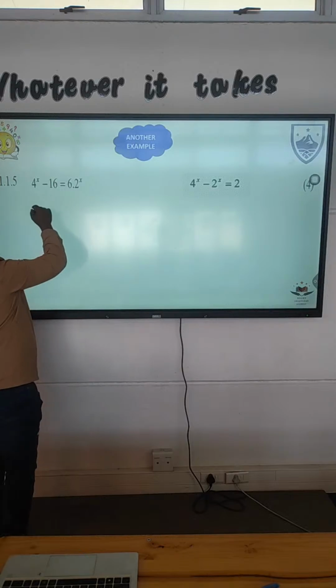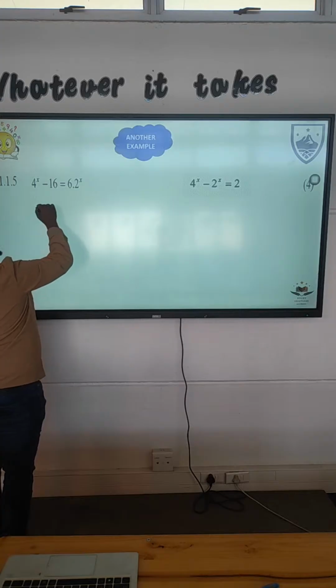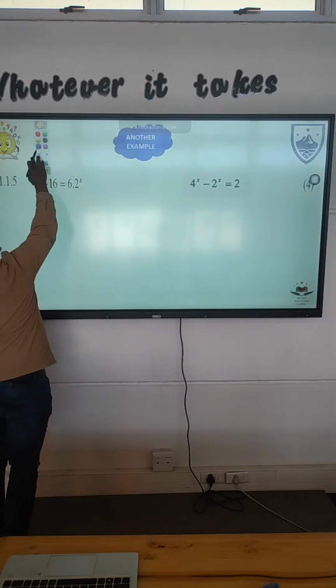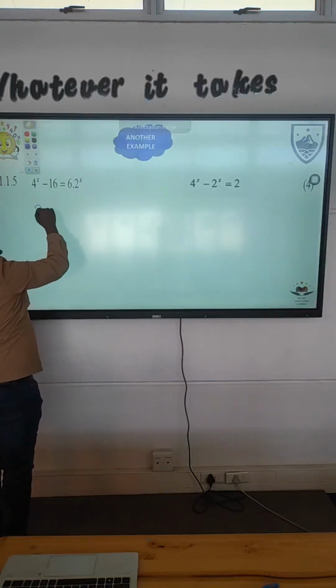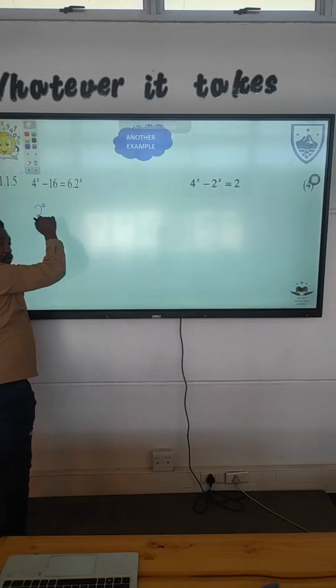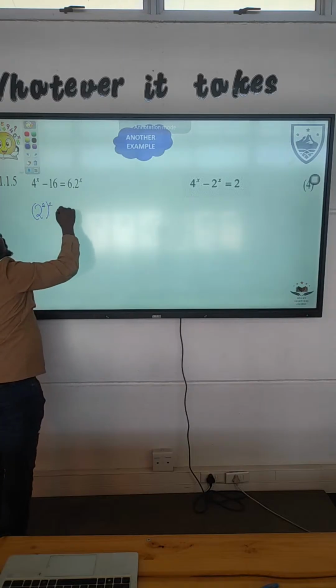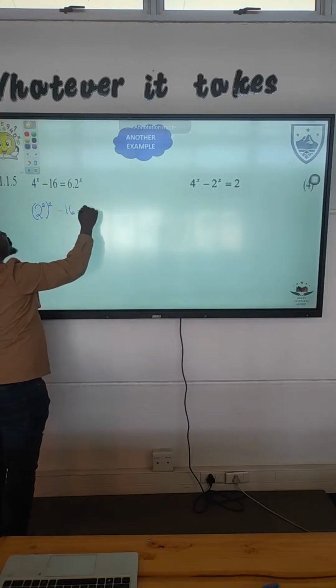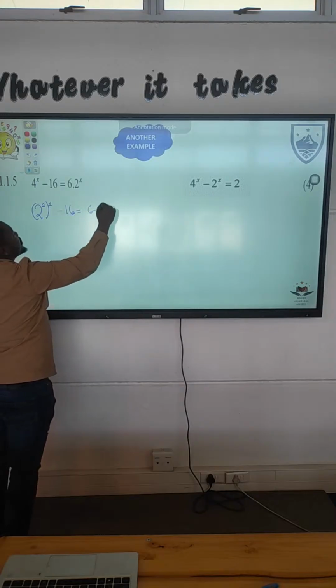So this is the same as 2 to the power of 2, this is for the 4. We had that x already. And then minus 16 is equal to 6 multiplied by 2 to the power of x.